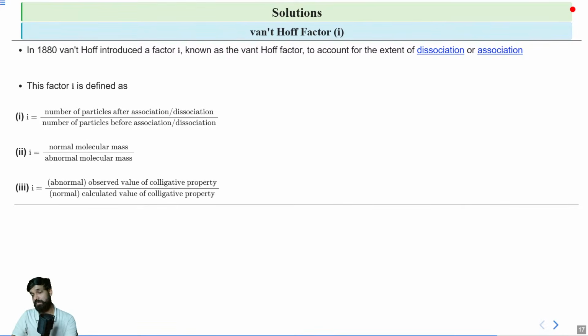Yes. Please comment your doubt if you have a doubt till this point. So next we'll move on to the question part.